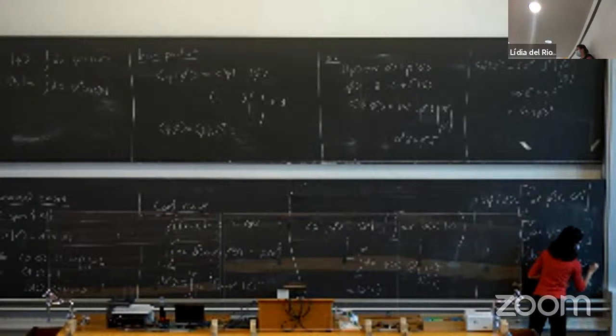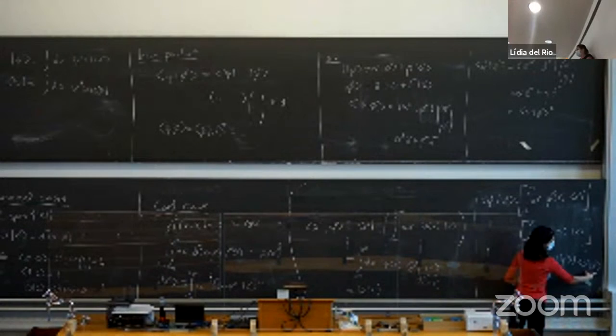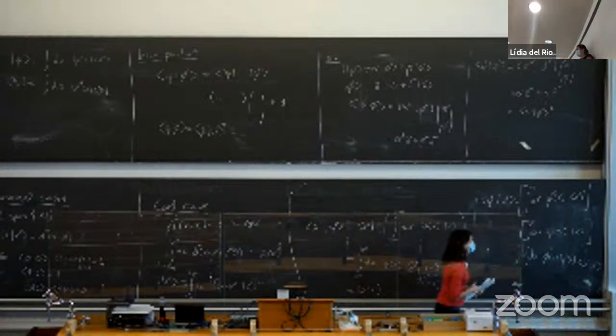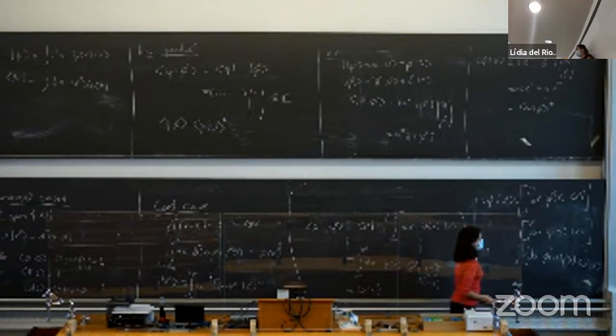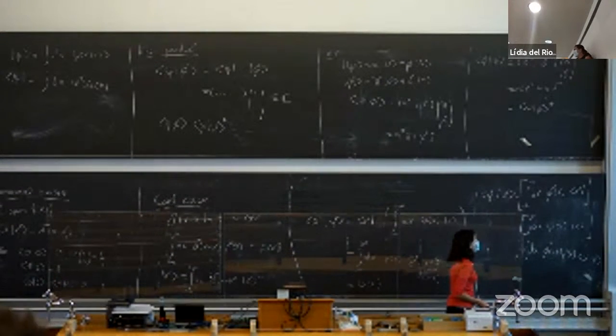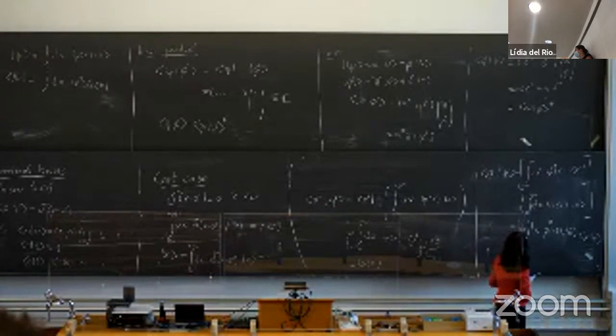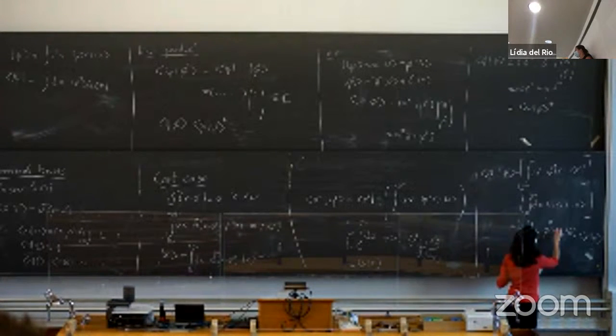Right. And this, again, we know that this is the delta, which means that we can get rid of one of these integrals. What did I miss? X prime, yes, sorry. That's an X prime there, yeah.